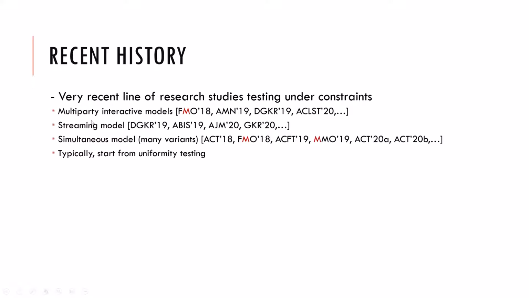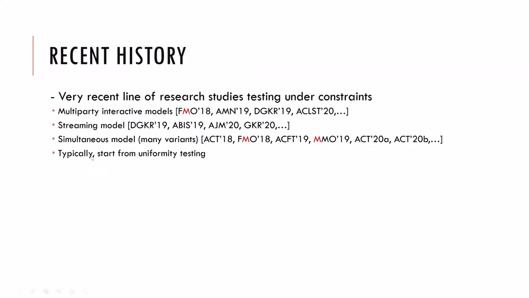One model would be a multi-party interactive model, where we have many players and each one of them gets either a single sample or maybe several samples from the distribution, and they can interact with one another, and they somehow collectively need to output a decision about whether the underlying distribution has some property or not.